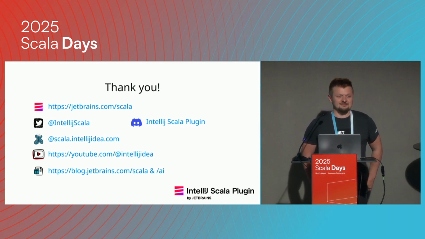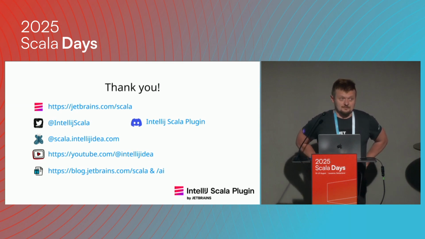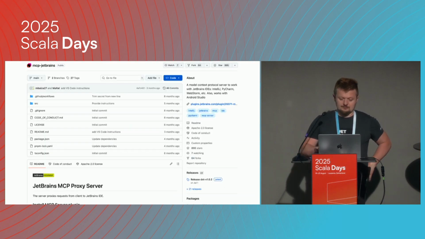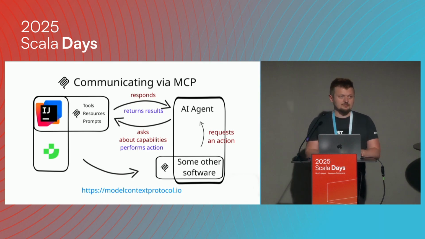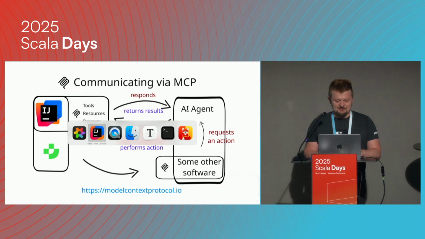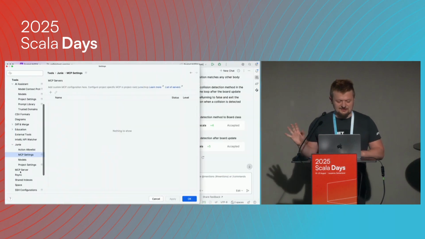Thank you for the excellent talk. My question is, if I understood correctly, if you want to use the MCP exposed by IntelliJ, do you either use Junie or not? Those are two separate things, and I know that they are easy to mix. So you have the MCP server here.